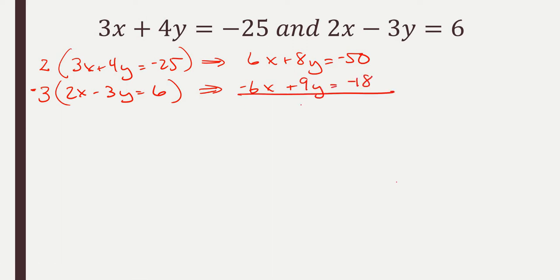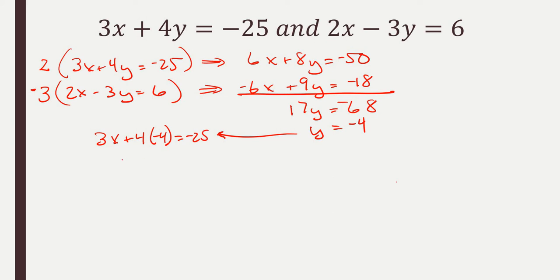Now I can add these up. 17y equals -68, and y equals -4. Using substitution to finish this off, I'm going to go ahead and use the first equation. 3x plus 4 times -4 equals -25. 3x minus 16.